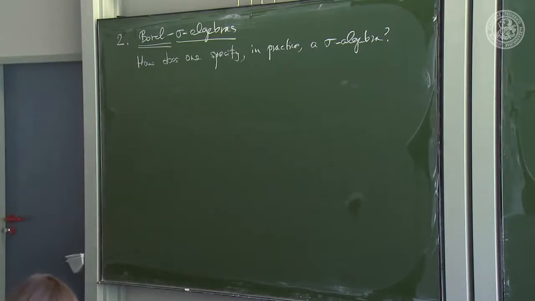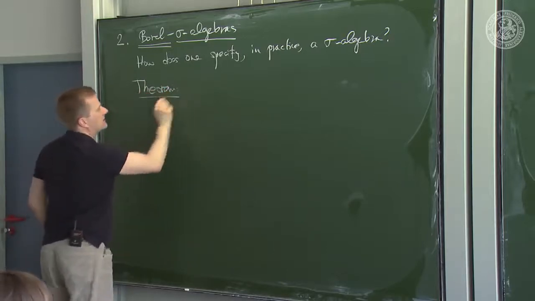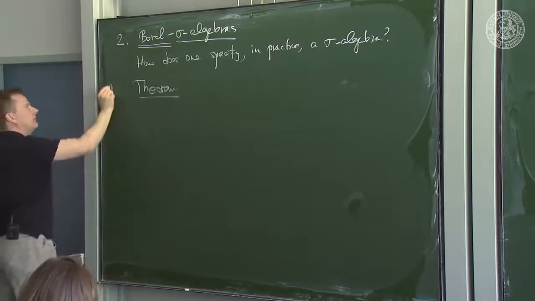One very good way to do so comes in the form of a theorem, because it contains a claim. It's a definition theorem.